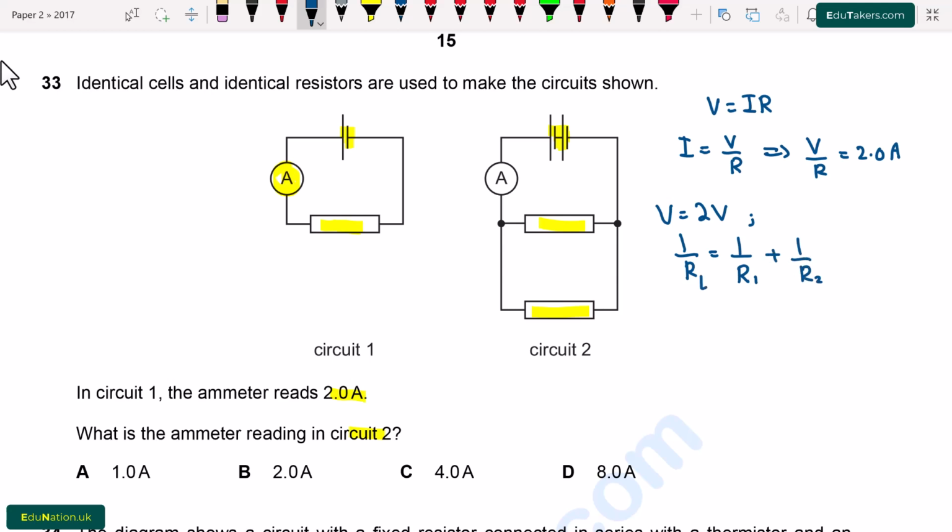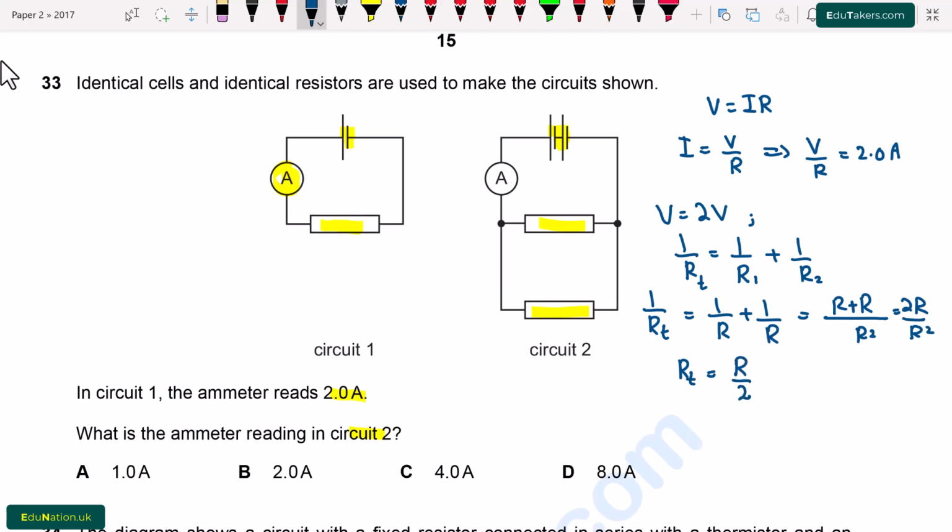This R is the total resistance of the circuit. This will be 1 over R total equals 1 over R plus 1 over R. From here, there will be R plus R over R squared, which is equal to 2R over R squared. So total resistance will be equal to R by 2.